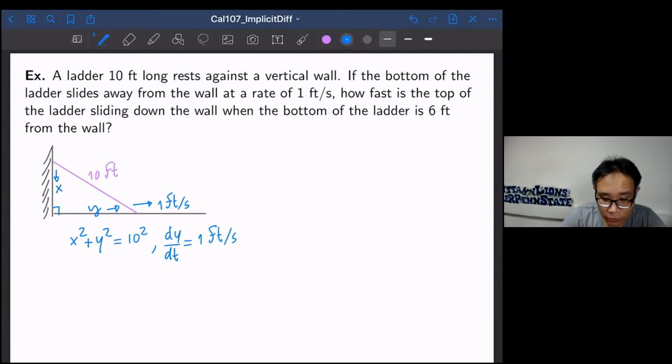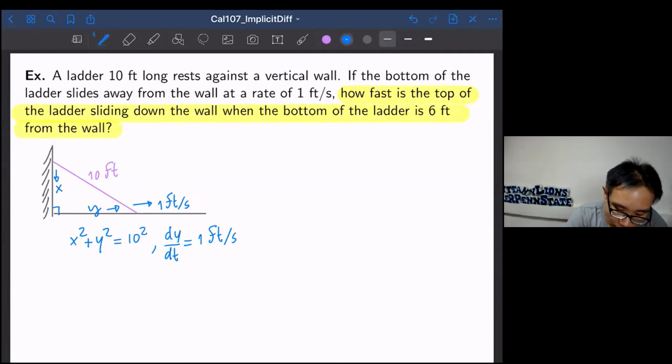Okay, the question asks you what? Let me highlight first. How fast is the top of the ladder sliding down the wall when the bottom of the ladder is 6 feet from the wall?